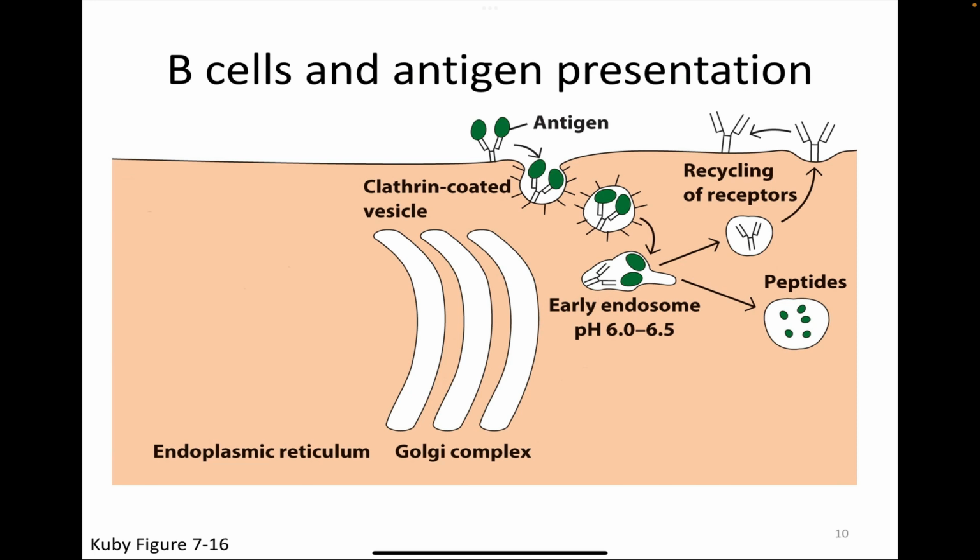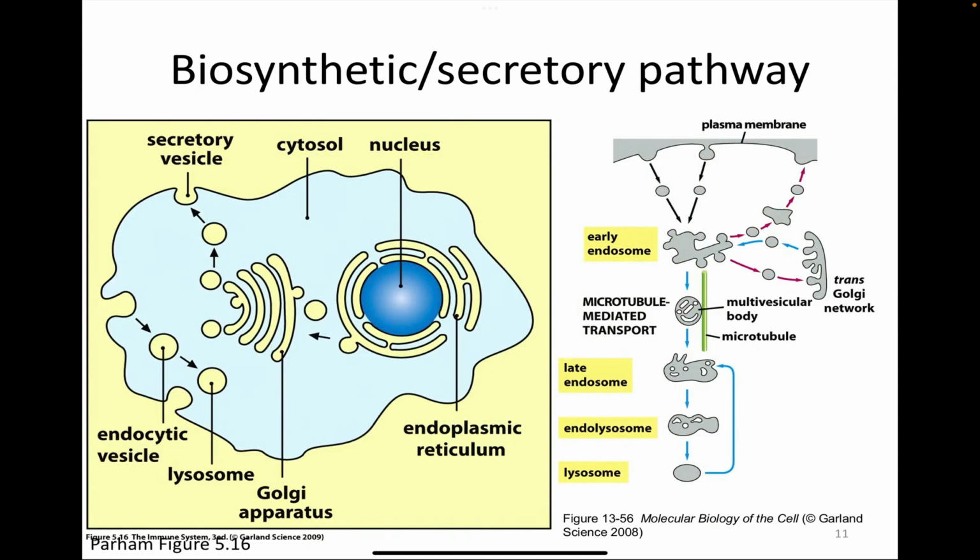But you can also notice that when we get to that level of acidity, the antigen dissociates from the B cell receptor, and the cell can basically recycle the receptor back to the surface and do stuff like, I don't know, antigen presentation with the antigen that came in. So this is kind of how that acquisition process looks in B cells compared to in macrophages.